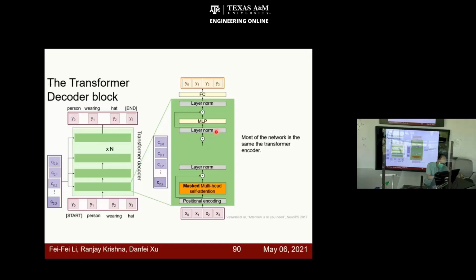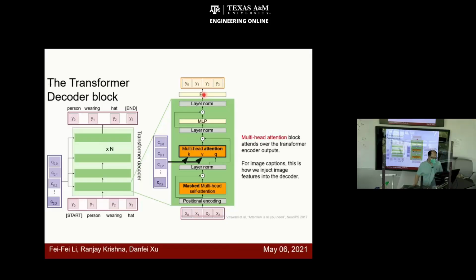And then we do a layer normalization, MLP, and then we do another residual, and in the end we do an FC, okay? So most of the network is the same as a transformer encoder, but just keep in mind that in the decoder part, we cannot use the future, okay? So in this sense, it's not bidirectional, okay?